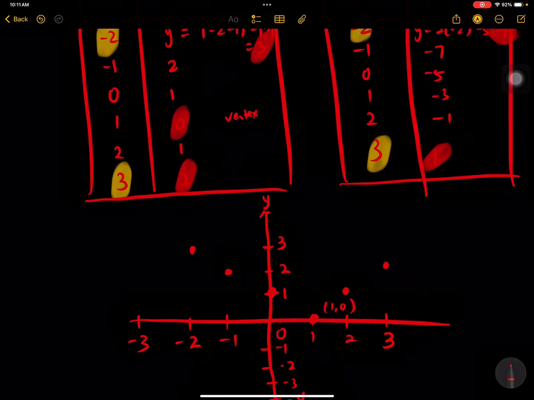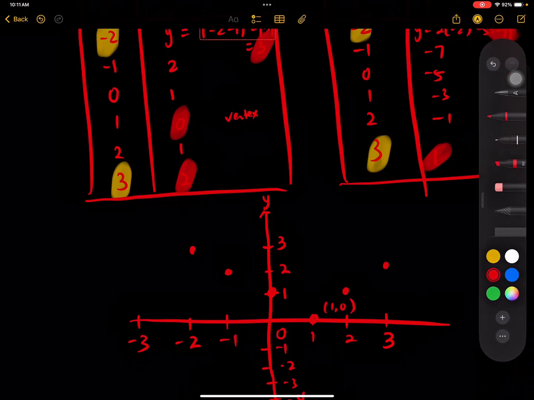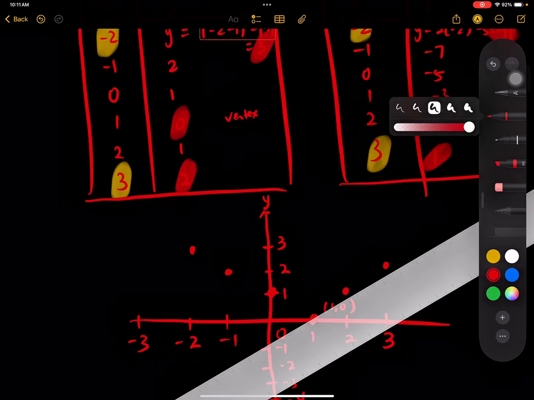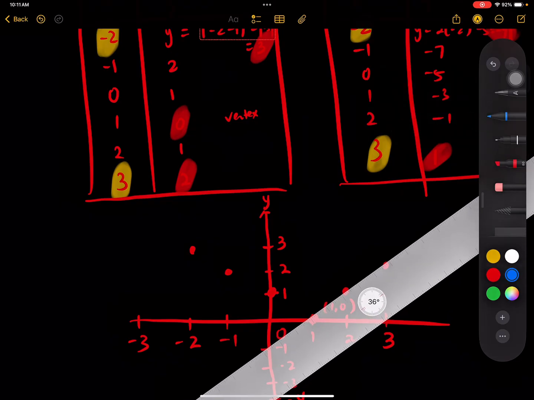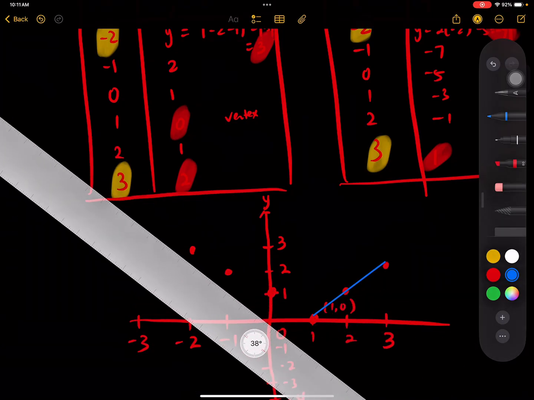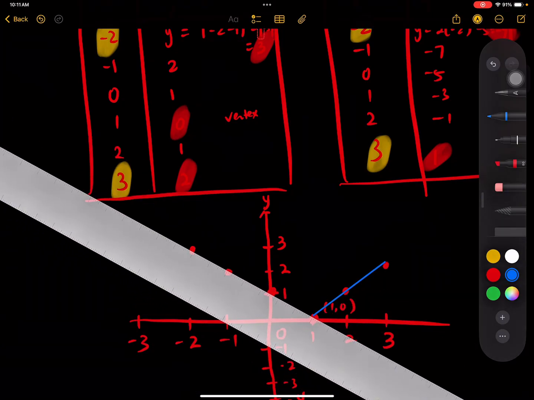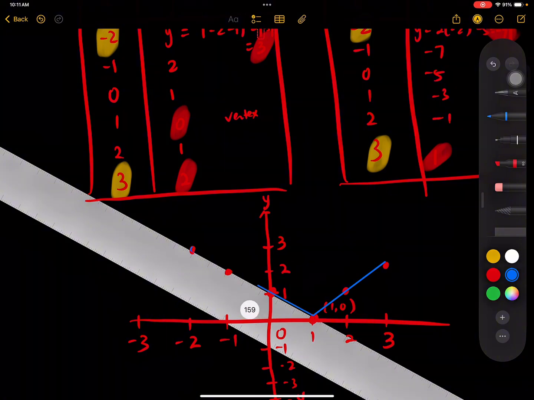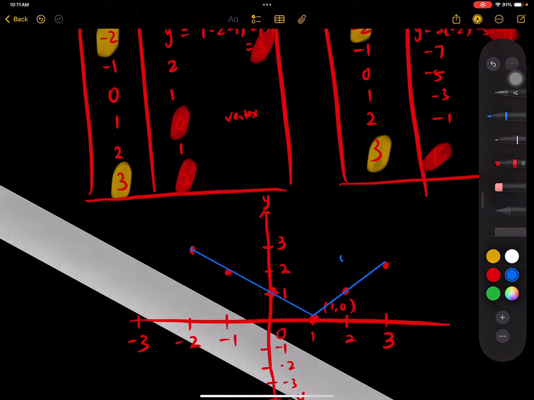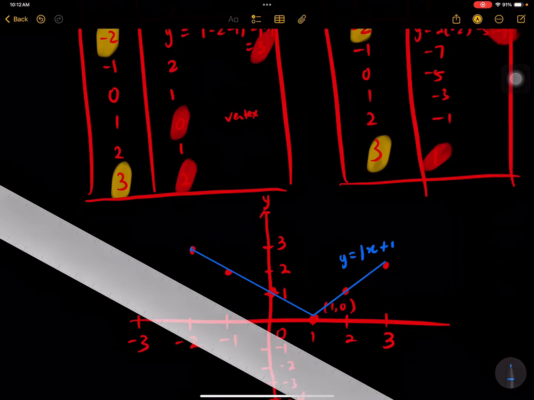So you can see that this is our absolute graph. Connect all the points. Okay, so we can say that this is y is equal to absolute x minus 1. Label it.